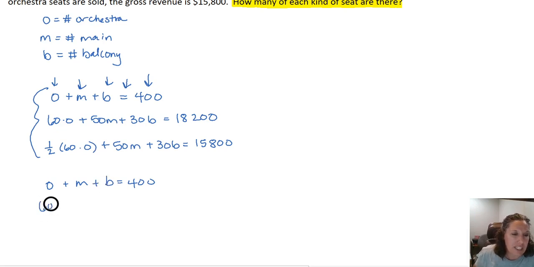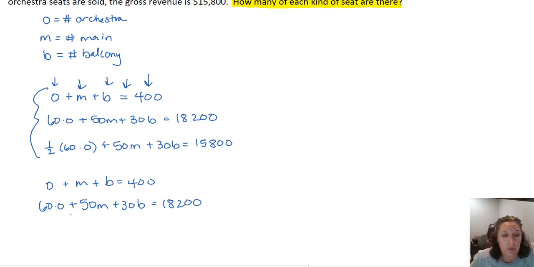And then we get 60 times our orchestra plus 50 times main plus 30 times balcony equals 18,200. If you want to, you could divide all of those by 10, make the numbers a little bit smaller, but we're going to use the calculator to solve this one, so it doesn't care what size the numbers are.